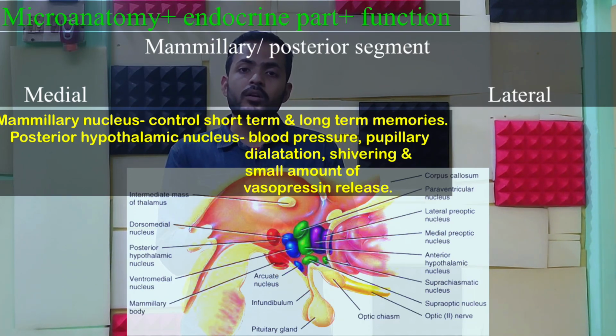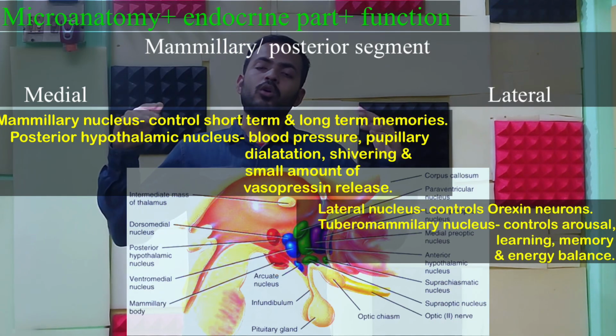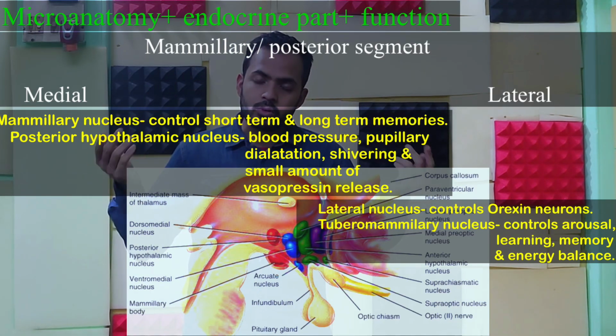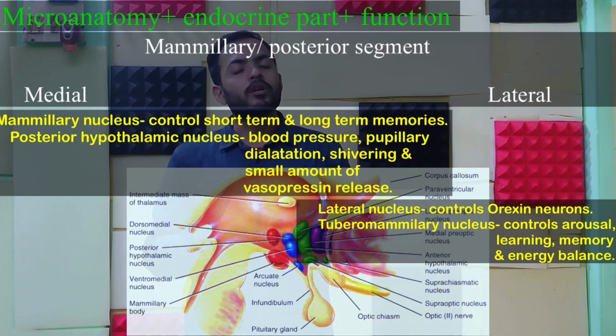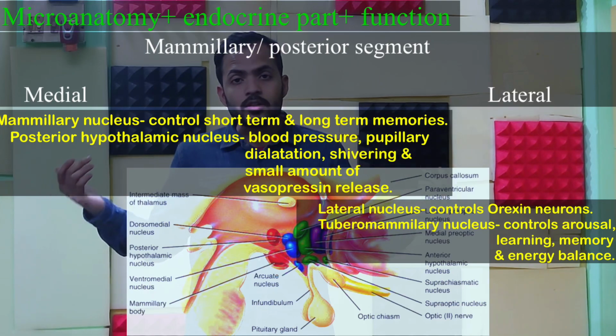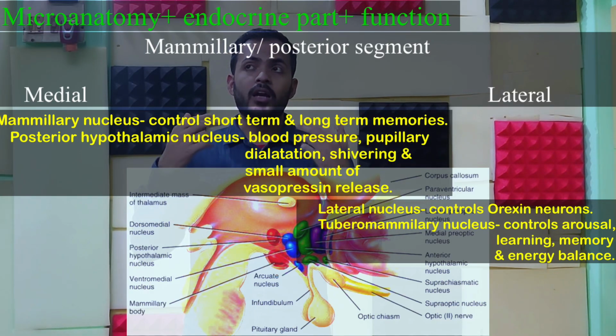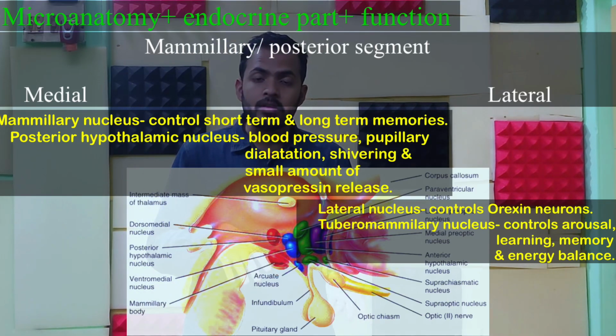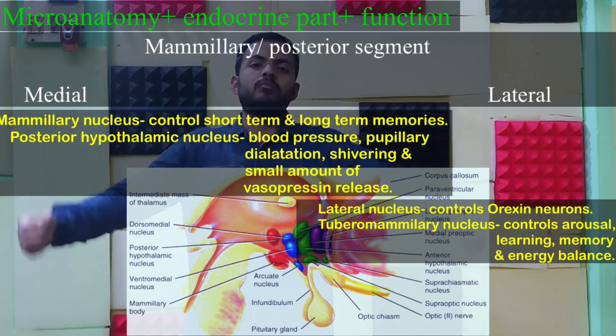It controls our blood pressure, pupillary dilatation, shivering, along with a small amount of vasopressin release. And laterally you will always get the orexin neurons along with a very special nucleus, the tuberomammillary nucleus. This nucleus controls our arousal, then sleeping, learning, feeding, memory, and energy balance in the body.